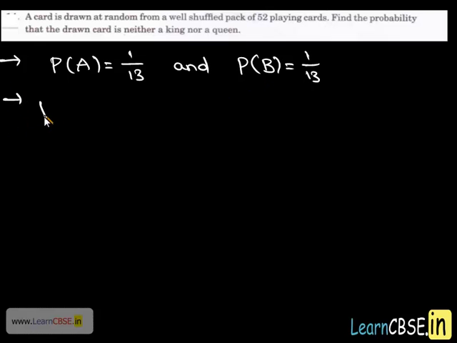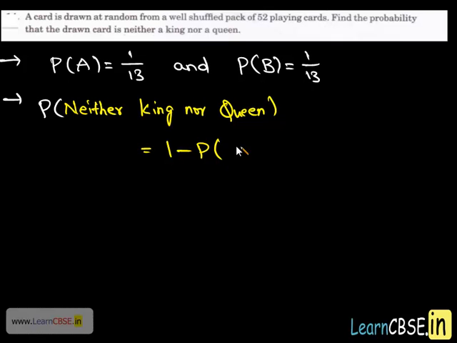We have the probability of queen and the probability of king, each 1 upon 13. In this question, we have to find the probability of a card being neither a king nor a queen, which is equal to 1 minus the probability of getting a card that is either king or queen.